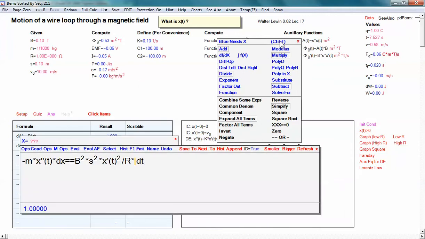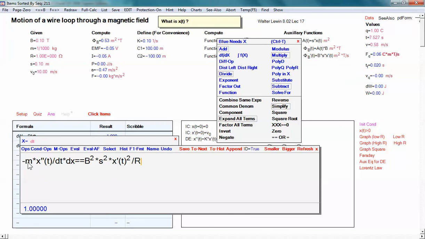I'm going to tee it up. Control T will put it up there. And then I'm going to divide both sides of the equation by that dt. The reason I do that is because now I have it on this side over here, and dx dt is just the velocity, or it's x prime of t.